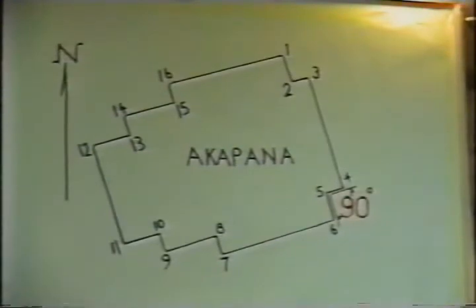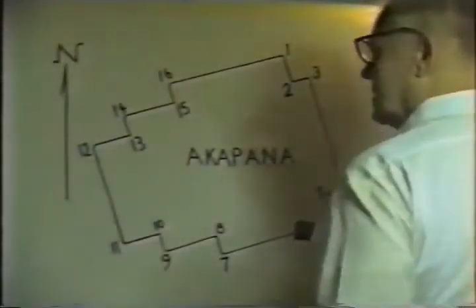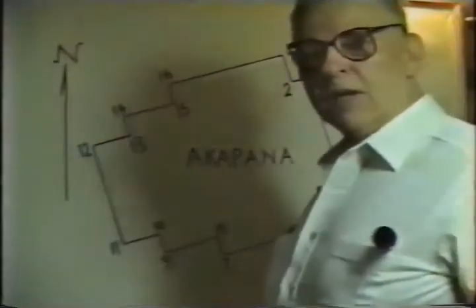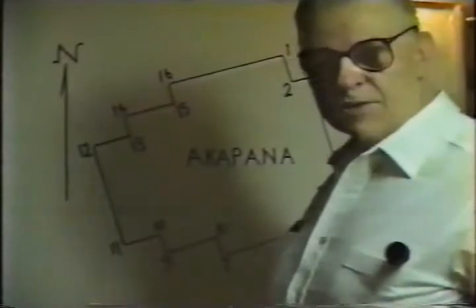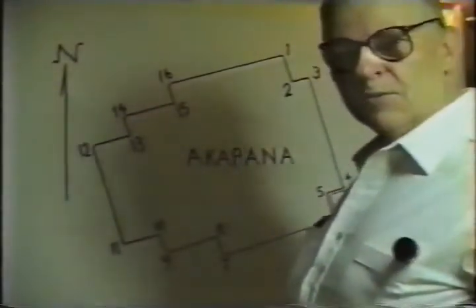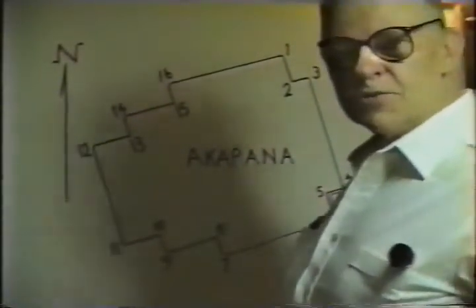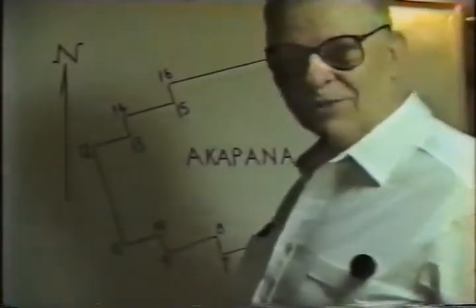This is the ground plan of the Akapana Pyramid at Tiahuanaco, Bolivia. It contains part of a message explaining why it is where it is. Some of you know how to do this. For those who do not, it's really quite simple.